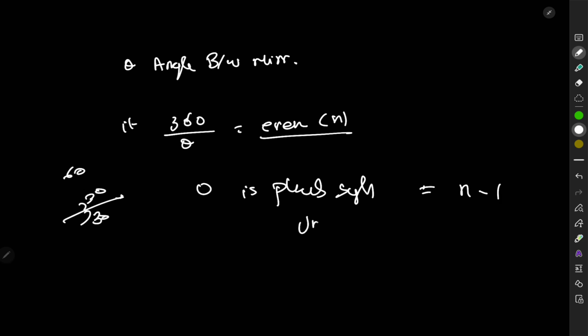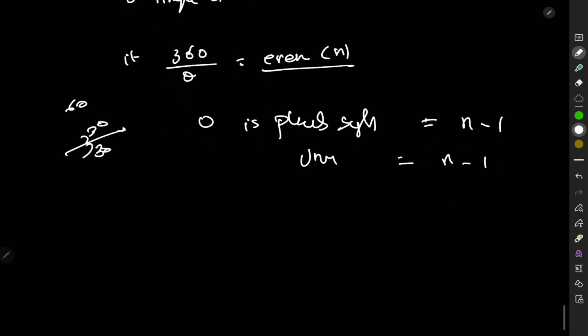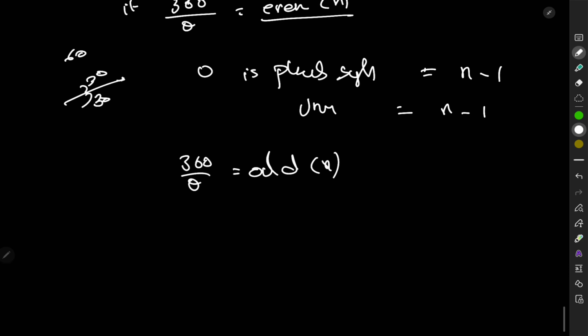Okay. If 360 by theta is odd and we take it as n, then if the object is placed symmetric, it's n minus 1, but unsymmetric, it's n. Unsymmetric, it's n.